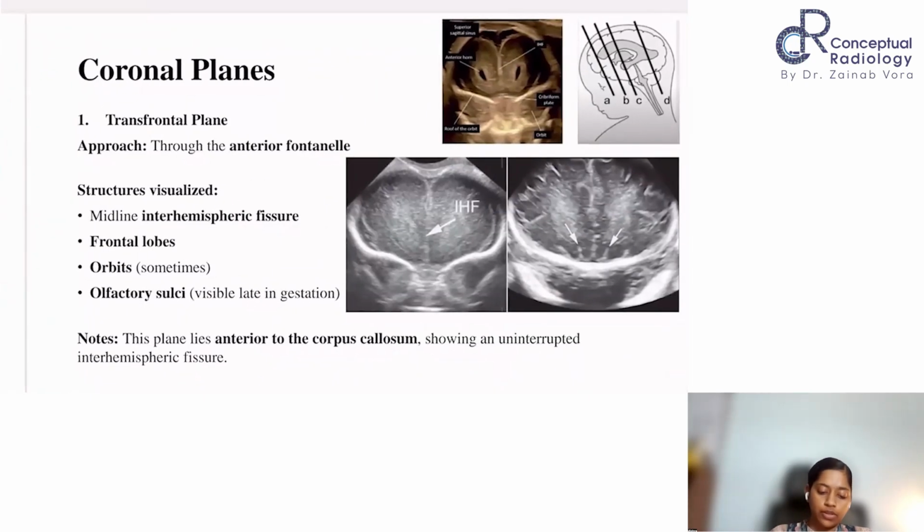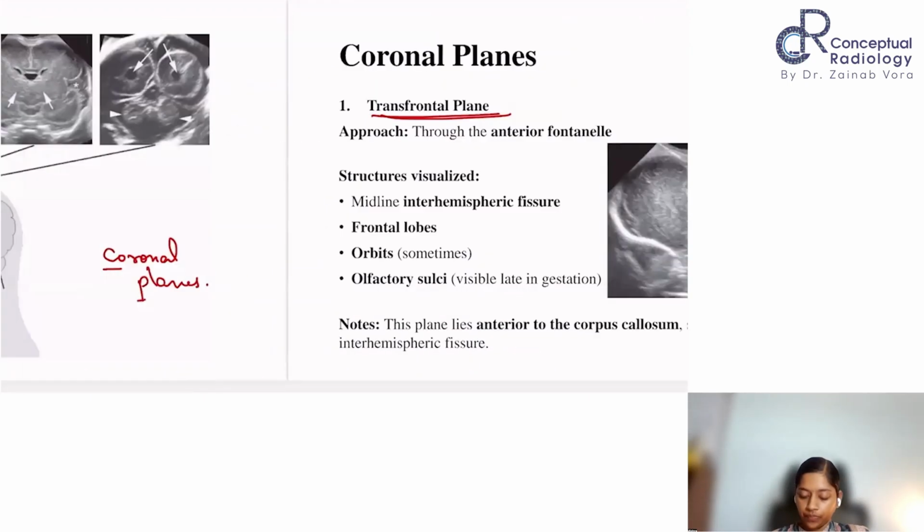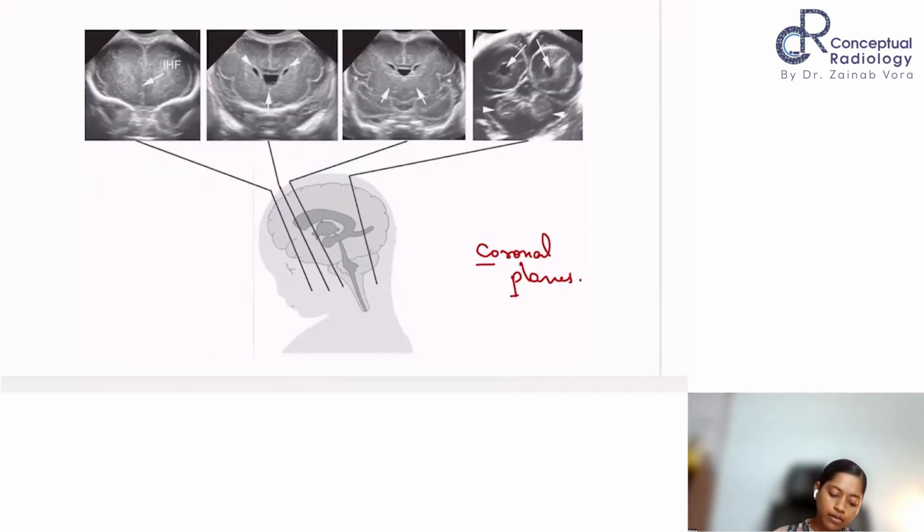So starting with the first, the transfrontal plane. Now remember, the anterior fontanelle is somewhere here. Posterior fontanelle is somewhere here. If I want to focus on the first three images, I'm going to use the anterior fontanelle window. Is that clear?